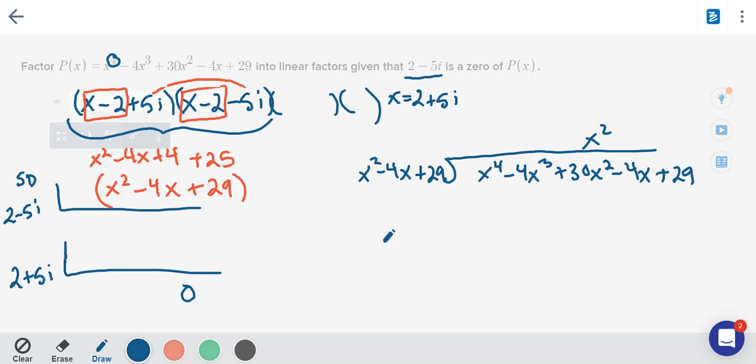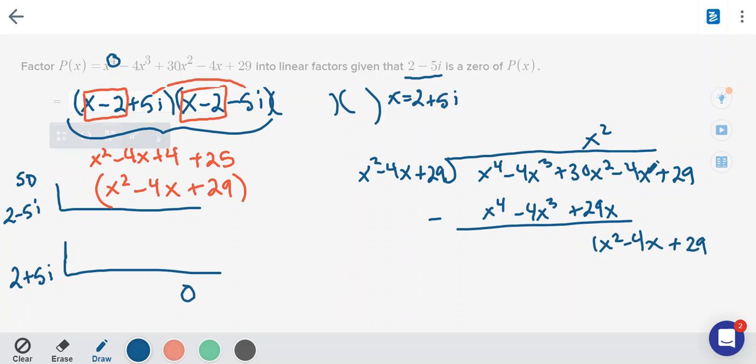Okay, so x squared. Subtract. Oh, that was kind of cool. Positive 1. Oh, that was nice that it was really quick.